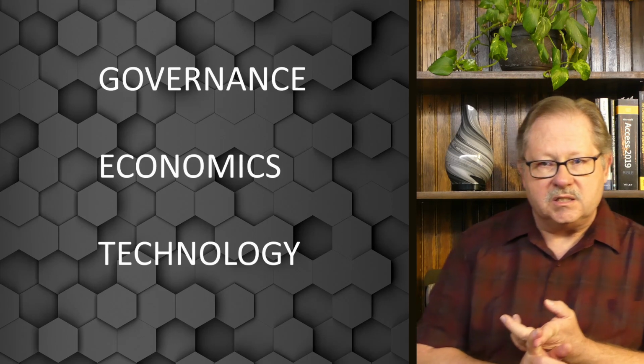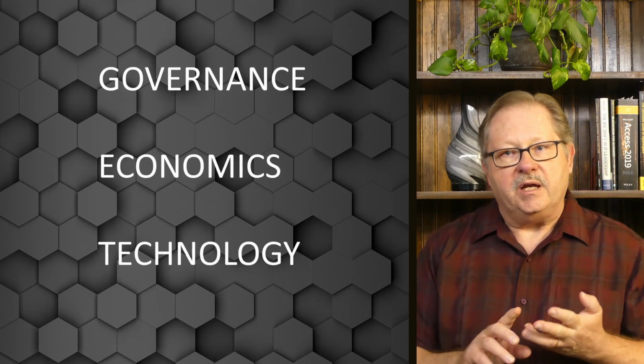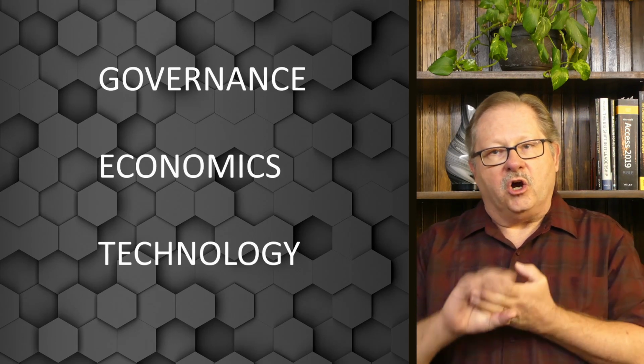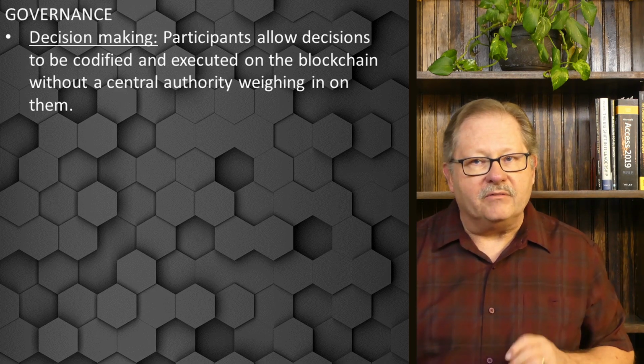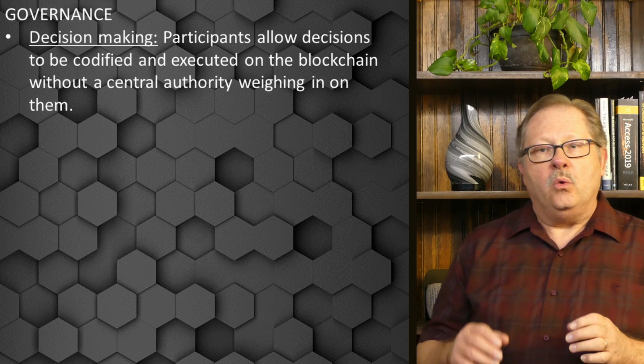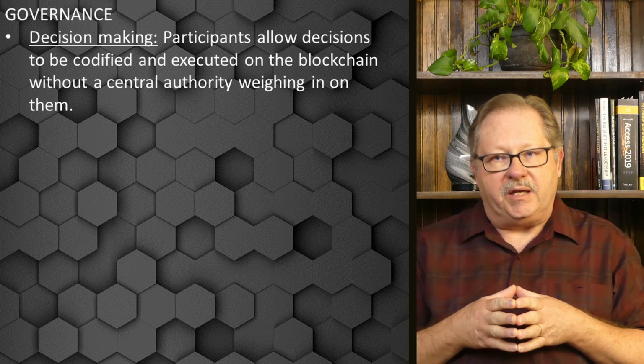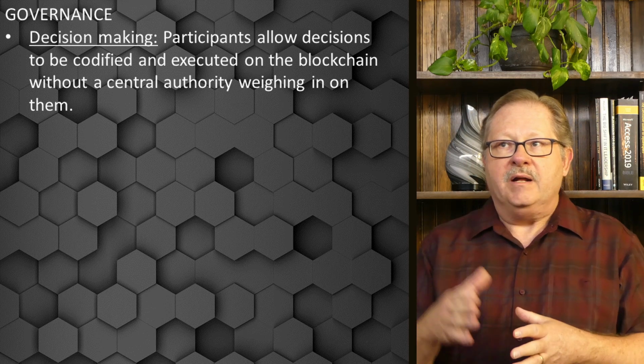So what I'm going to talk to you today about is 3 different areas. These 3 areas are governance, economics, and technology, that all 3 exist in a blockchain. First off, when we talk about governance in a blockchain, we talk about the decision making within the chain itself.